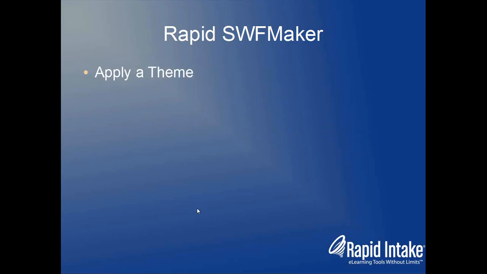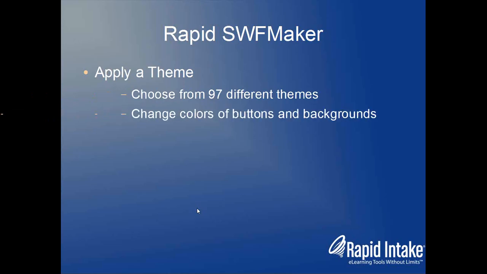After you have selected your interaction and started to customize it, the next thing to do is to apply a theme. Right now we have 97 different themes to choose from, quite extensive.